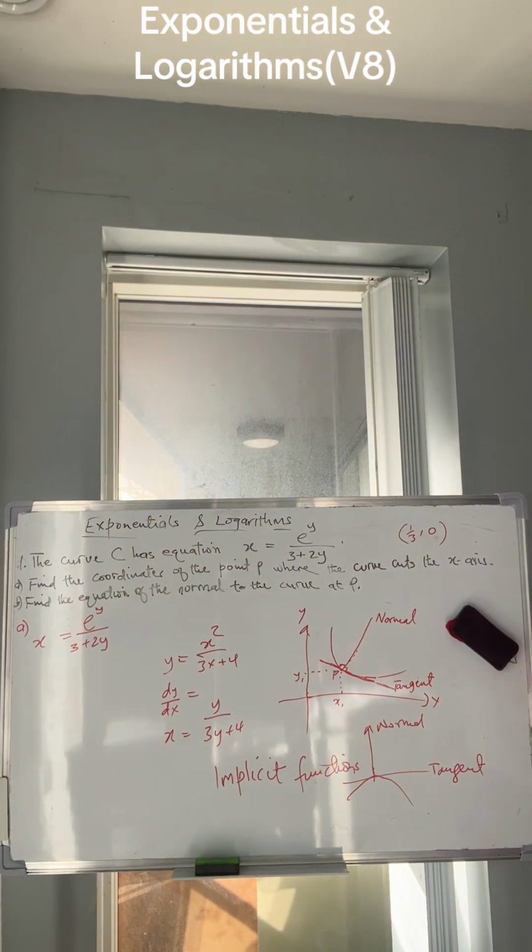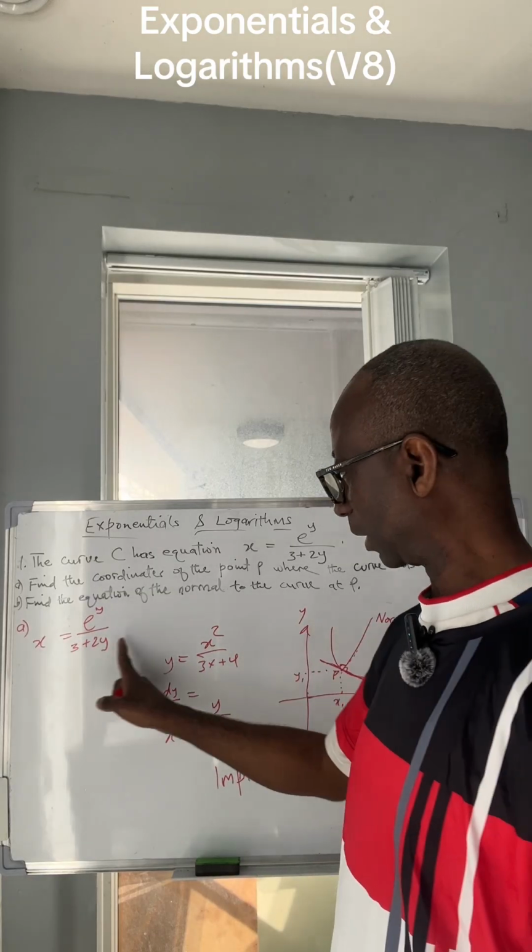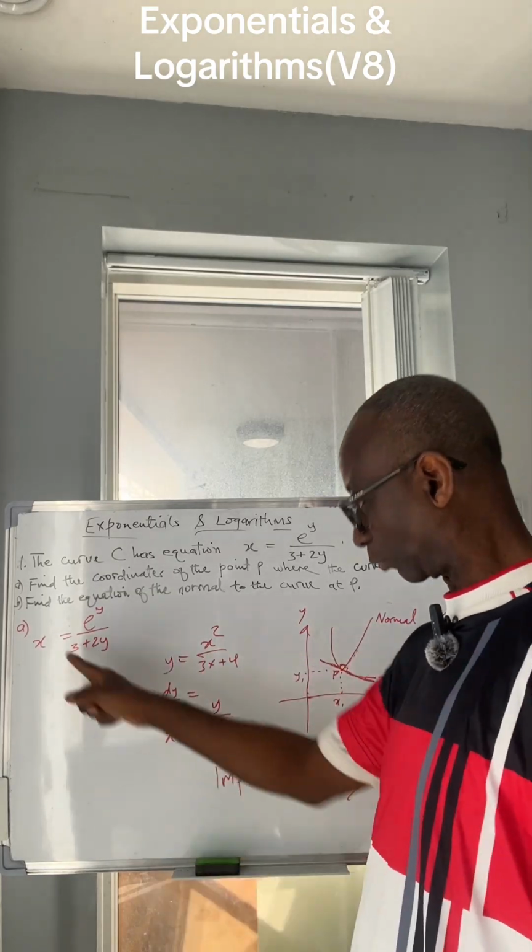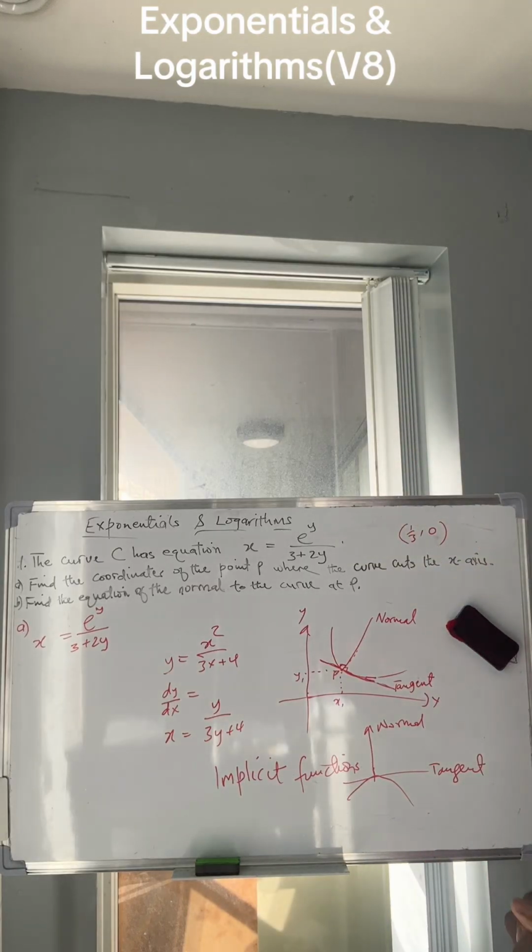If you ever heard of implicit function, that is what we have here. We are not having y equals to something. We are having x, and we want to differentiate with respect to x, because finding the gradient means differentiating with respect to x.